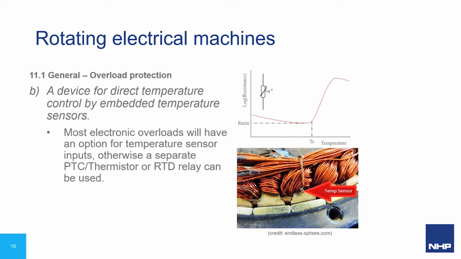Now, most electronic overloads will have an option for PTC inputs. Otherwise, a separate PTC or thermistor relay can be used here as well. But this, of course, is provided that your motor has inbuilt temperature sensors for use in this purpose. And you'll find that most motor suppliers will have an option for this. However, it's not always present. So you would need to verify this on the motor because they can't be added later. You'd need to swap out the motor.